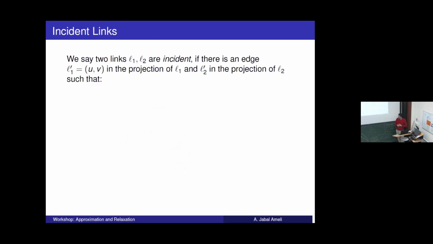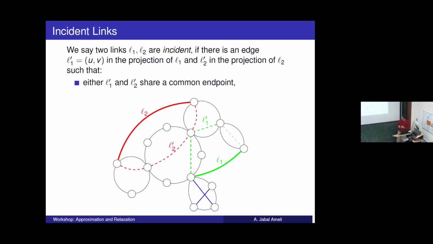So now we say that 2 links, L1 and L2, are incident if there is an edge L'1 from U to V in the projection of L1 and L'2 in the projection of L2, such that one of the following cases happens. The first case is that L'1 and L'2 share a common endpoint, for example, here, L'1 and L'2 share this common vertex.